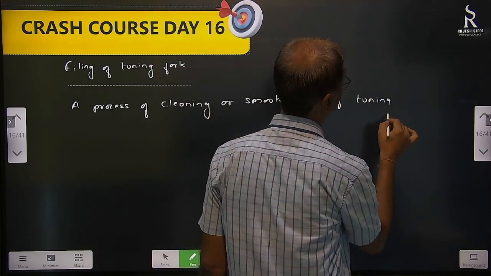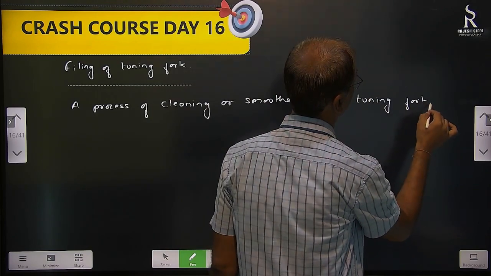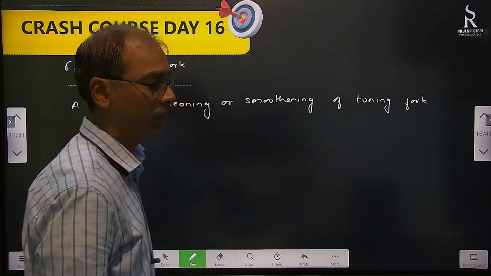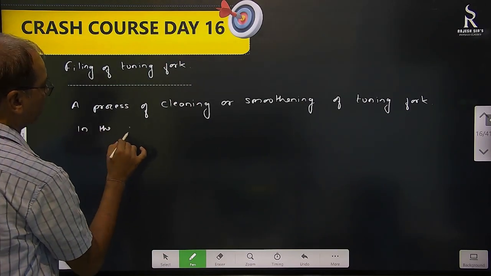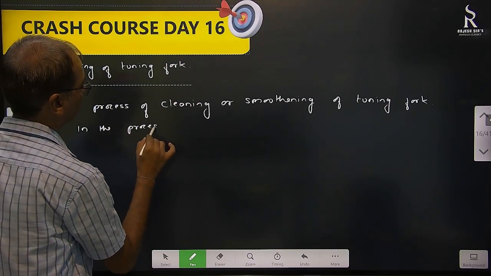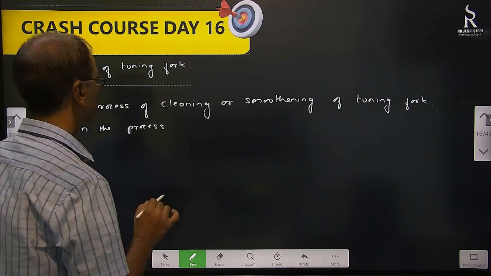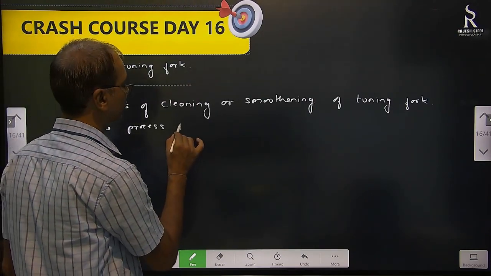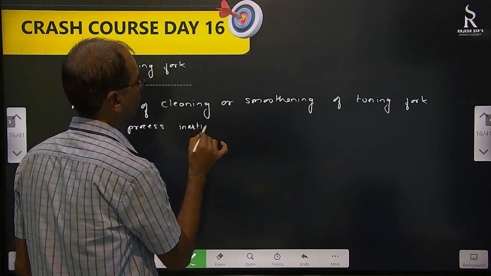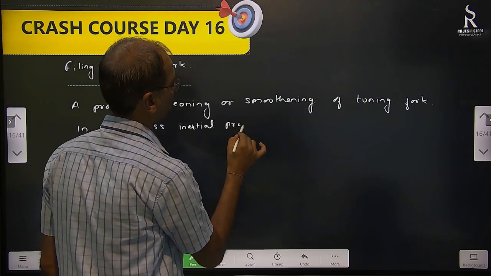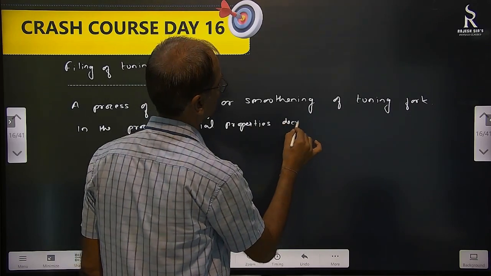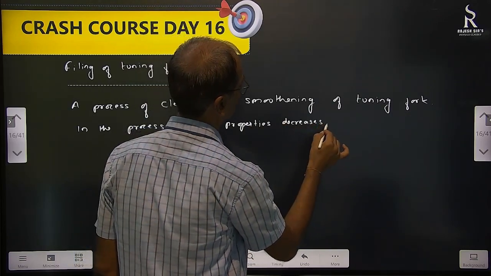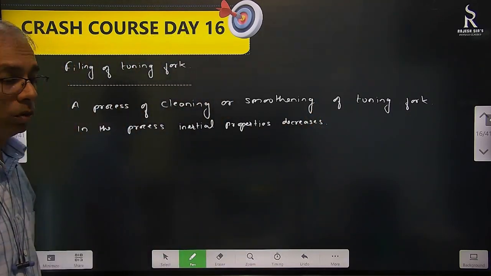In that one, what will happen? The inertial property is going to decrease. In the process, mass will decrease, because the unwanted particles will go away. So inertial properties decrease, and what will happen?